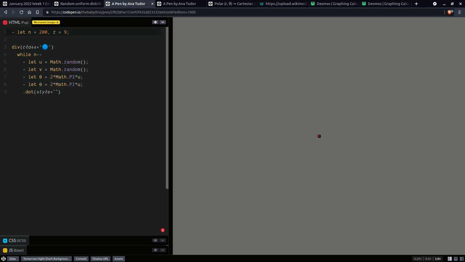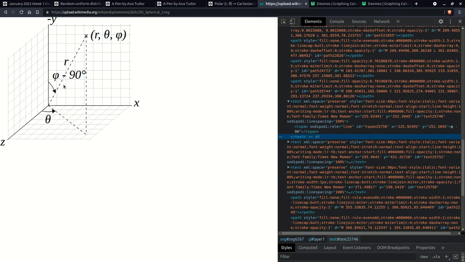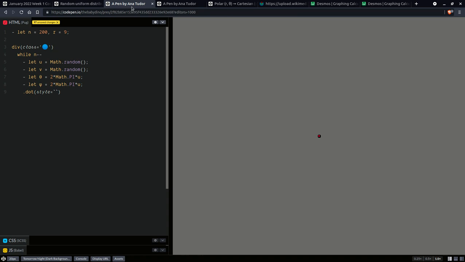Okay, similarly, we're going to get something for phi. Except in this case, this angle is going to go from minus 90 degrees to plus 90 degrees. So it's going to be a 180 degrees or pi range.